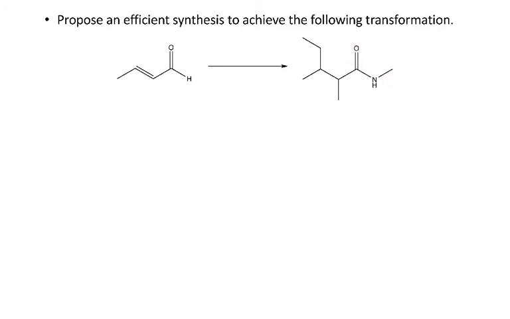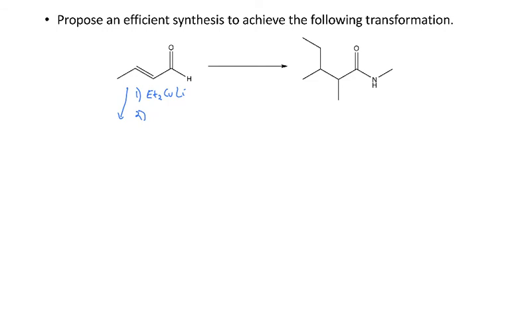But we know how to do that. So the first thing I want to do is put on my alkyl groups. And so I can do that with a combo Michael reaction. And so I'm going to do that with a Gilman's reagent. I want to put on an ethyl group. So that's how I chose my R group.